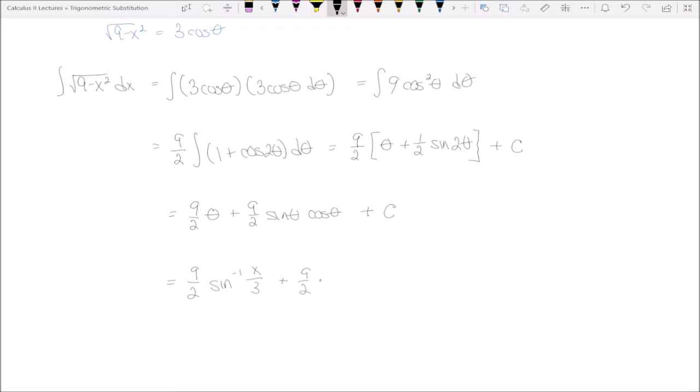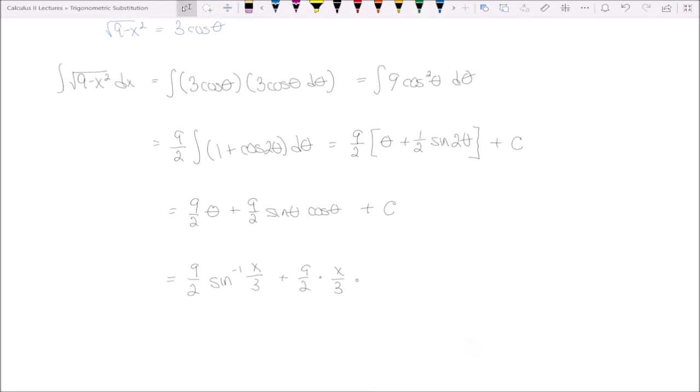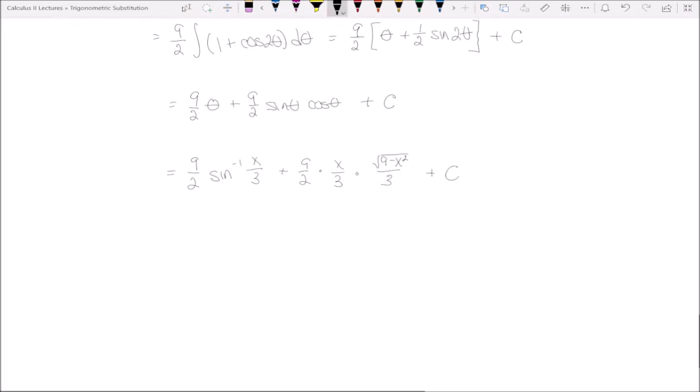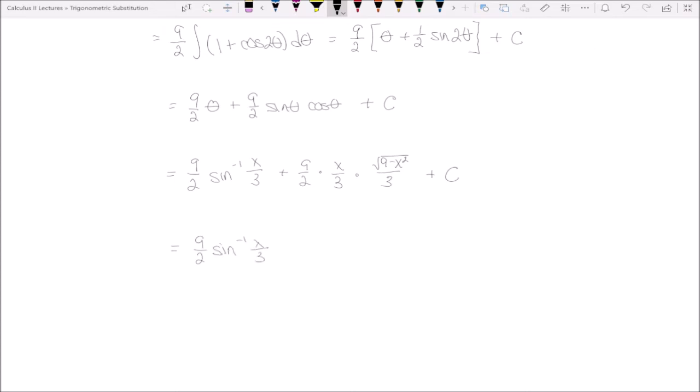Now, sine of theta we know is x over 3. Cosine of theta from above is the square root of 9 minus x squared over 3. Simplifying all this, we're left with 9/2 inverse sine of x over 3 plus x square root 9 minus x squared, all over 2, plus a constant.